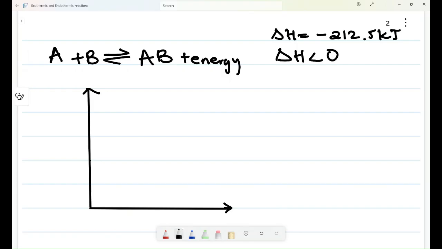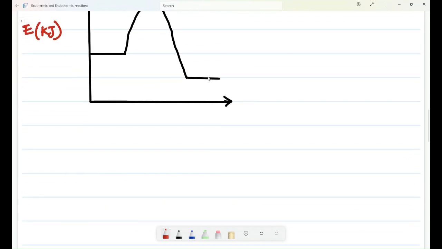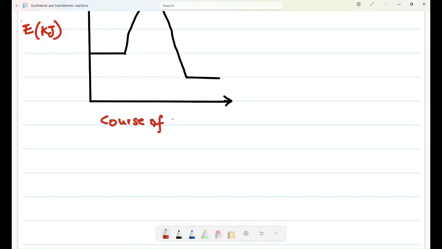So let's say this is 200. So this is energy, potential energy in kilojoules, let's say kilojoules for now. This is the course of reaction.